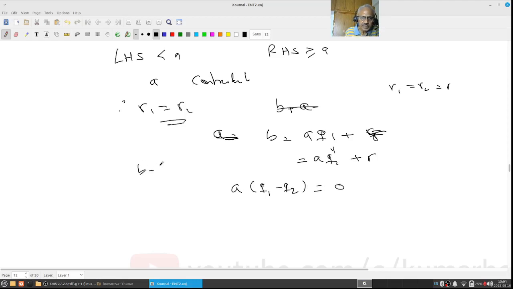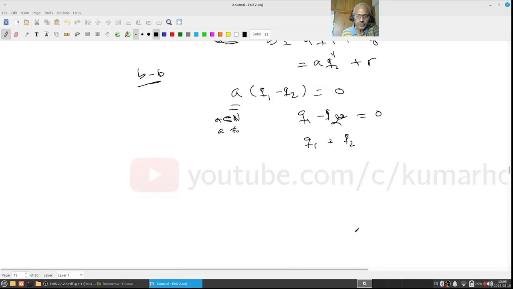That is, subtracting B minus B gives 0, R minus R is 0, therefore this is 0. But A is not 0. A is a natural number, therefore A is not 0. That means Q1 minus Q2 is 0. That means Q1 equal to Q2. Therefore, you have proved R1 is R2 and Q1 is Q2.